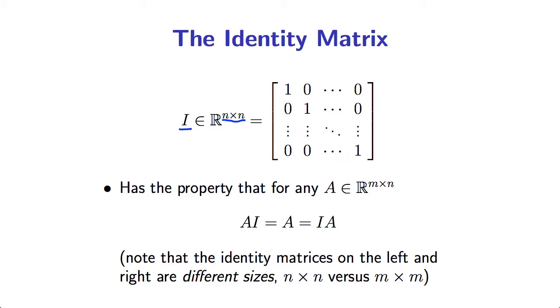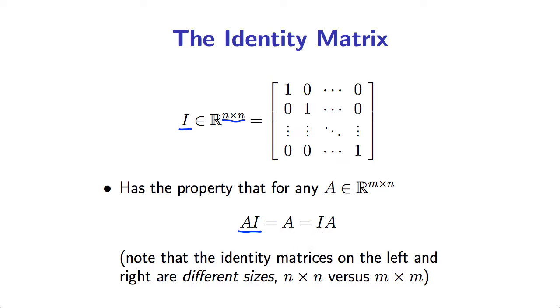And this matrix has the property, which follows very easily from the definition of matrix multiplication, that if we multiply any matrix by the identity, that just equals the original matrix. And by the way, we can multiply it either on the right or on the left, and it will still be that matrix.